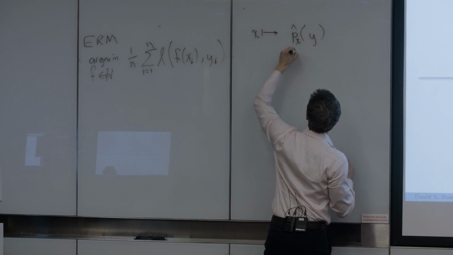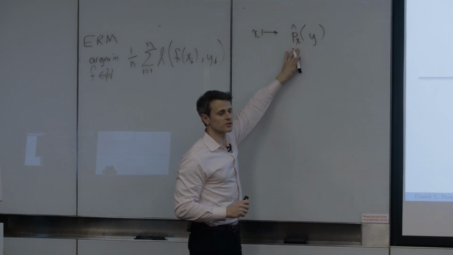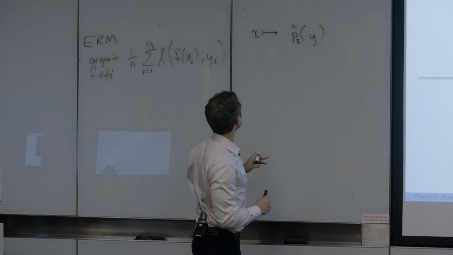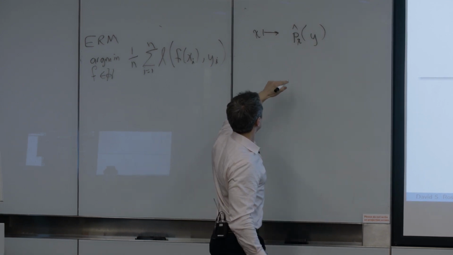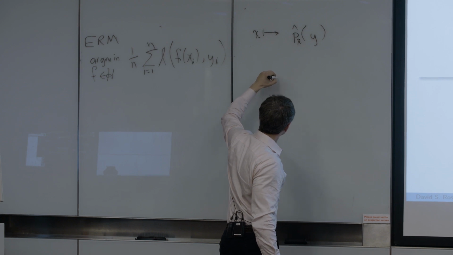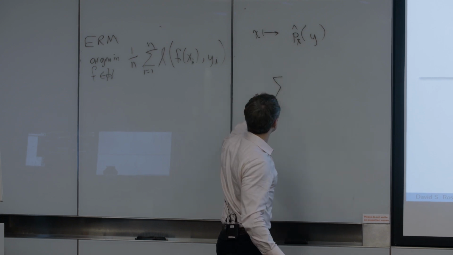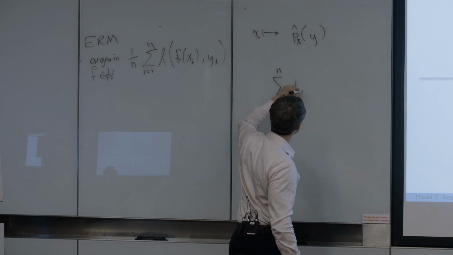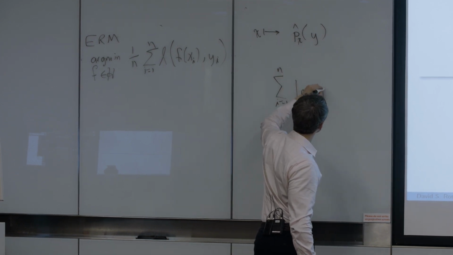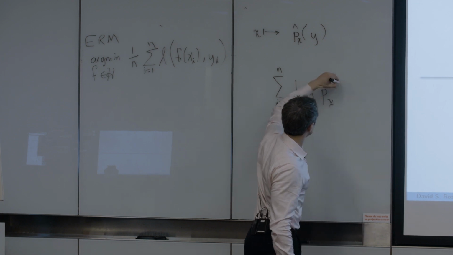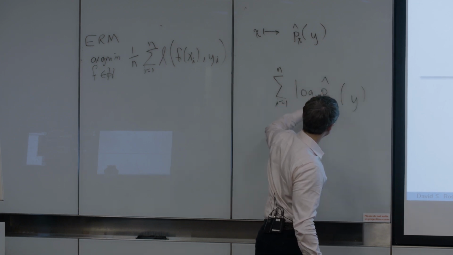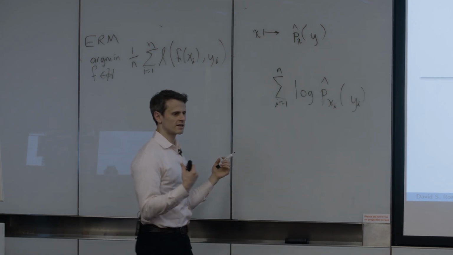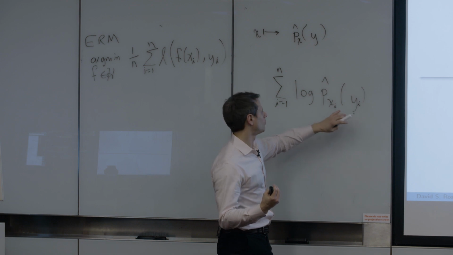I'll do p hat sub x. So for every x, we have a different probability distribution on y that we're predicting, right? And the log likelihood was the sum, 1 to n, of the log... so for every xi, we have a predicted distribution on yi.